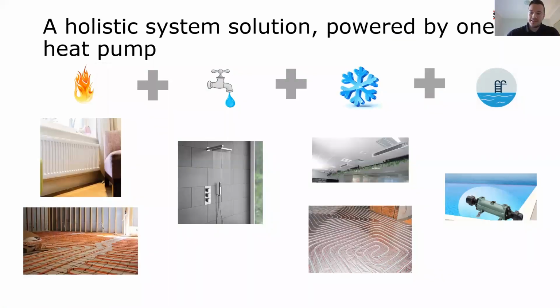Just to kick it off as a starting point, this is, as I said, about system design and heat loads. And you see here a quick preview of what we can achieve with a well-designed system, meaning pretty much all aspects of your home, including heating, cooling, domestic hot water, even the pool, PV, solar thermal integration. All these things are possible if the system is designed nicely and balanced well, and not over or undersized.